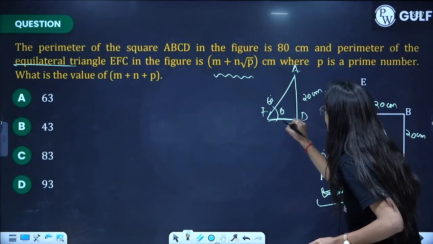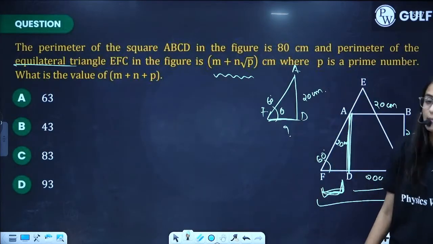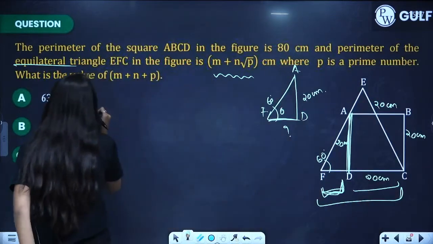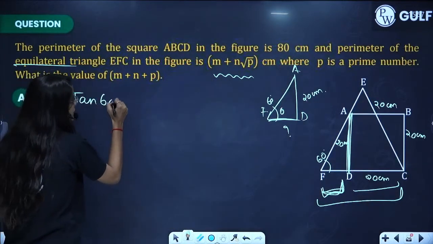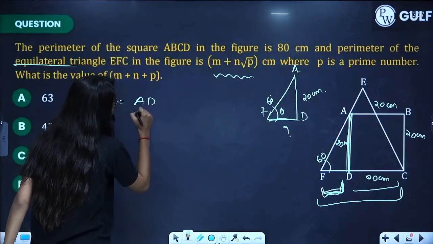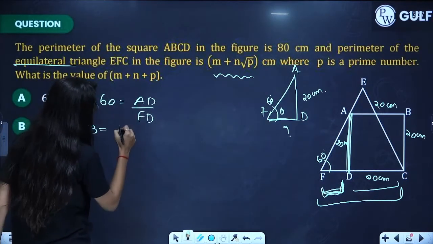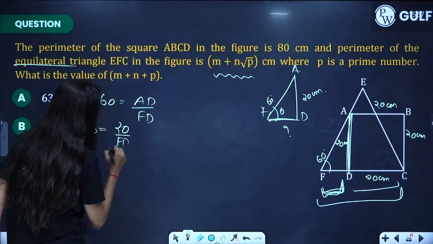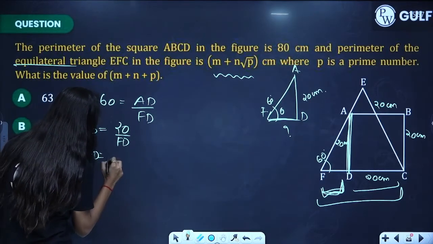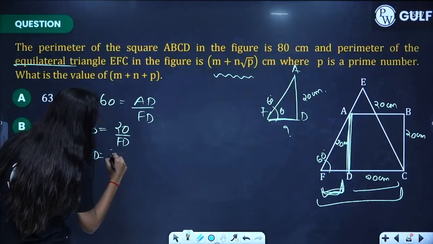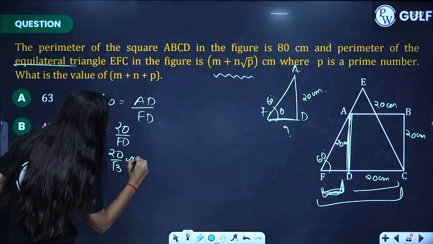Can I find FD? Yes, by application of trigonometry, I'll be doing tan 60 is equal to AD by FD, wherein tan 60 says that it's root 3. AD is 20, FD you need to find. So therefore the value of FD you are finding is 20 by root 3 centimeter.